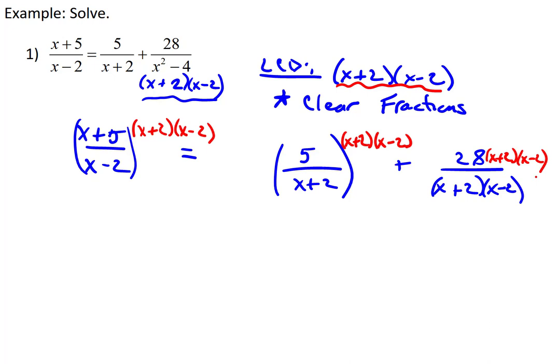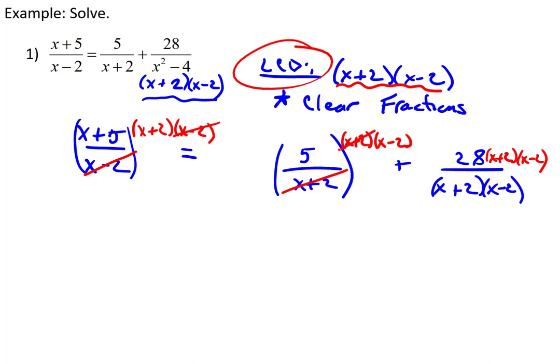Now the whole point of doing this is that if we've actually found the correct LCD, all the fractions should reduce. Now look at all the way to the left. There's an x minus 2 in the denominator, but also one in the numerator, which would cancel with it. Moving across the equal sign now, on the right side, there's an x plus 2 in the denominator that would cancel with the x plus 2 from the LCD.